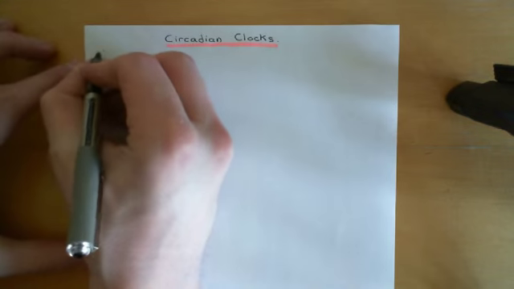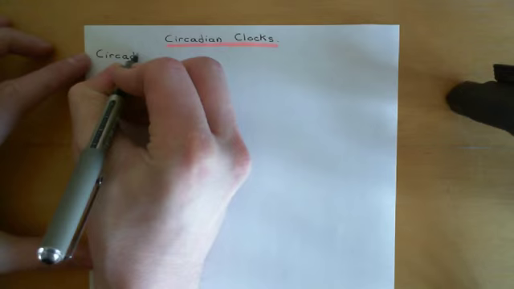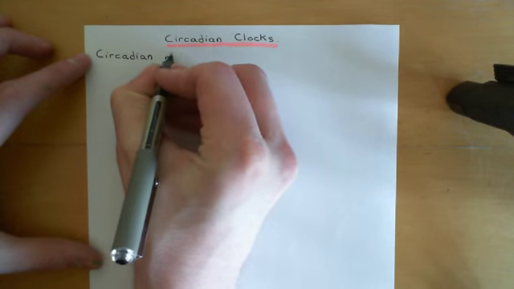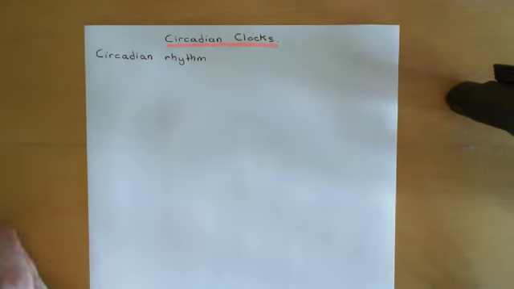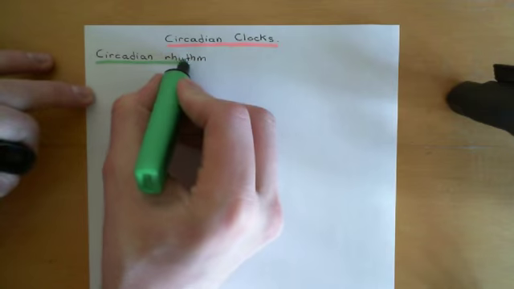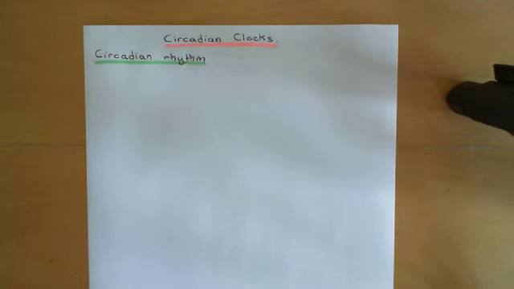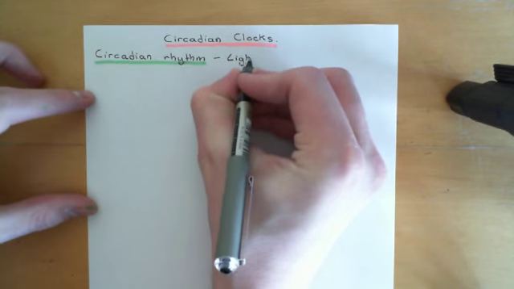We need to start off with what a circadian rhythm actually is. That's the basis for all of this. What is a circadian rhythm? A circadian rhythm is some sort of cyclic process that repeats every 24 hours. The most common sense example of a circadian rhythm is the light-dark cycle.